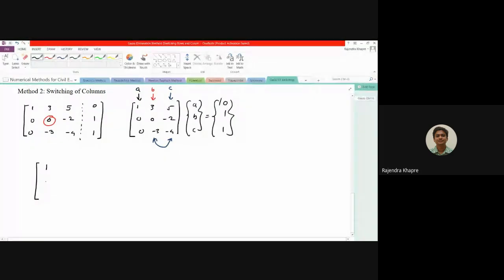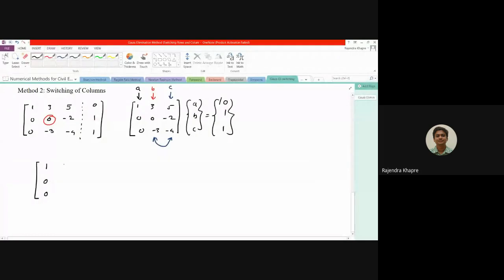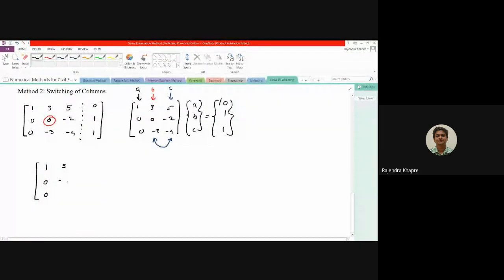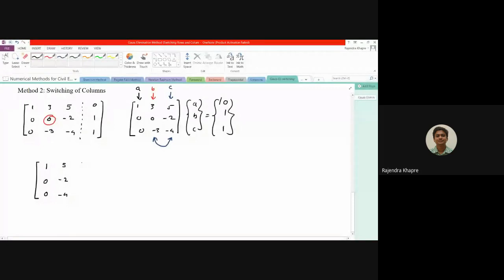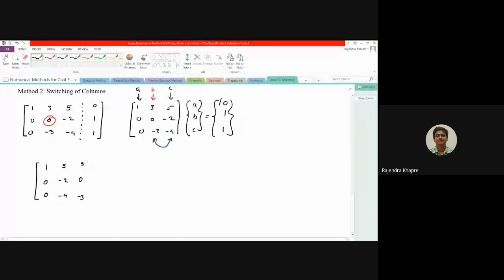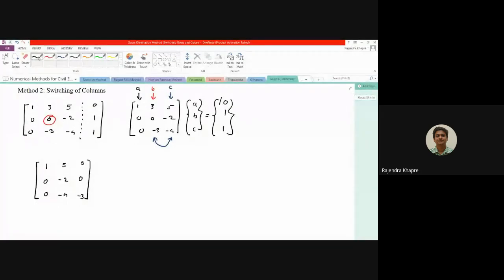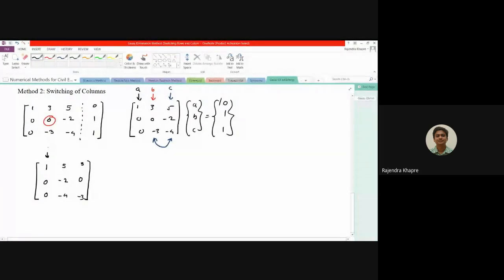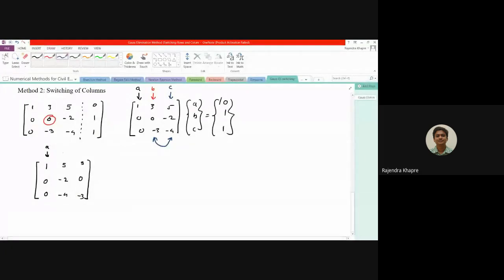So this will be 1 0 and 0. Here this will be 5, minus 2, minus 4, and here 3, 0 and minus 3. Remember what I am doing over here. My a column is going to remain the same, but now I have the c column here, and this part is nothing but my b column. Is it clear, students? Is it okay up to here? Yes, sir. Now the sequence is going to change.